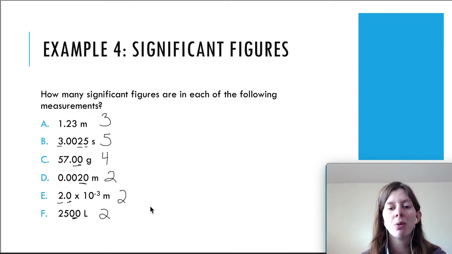So if you have 2500, you could rewrite that as 2.5 times 10 to the third liters. And then you can see that only the 2 and the 5 are significant, that these just increase your power of 10, or in the case of example D here, they make your number smaller, these zeros, but they have nothing to do with the precision of your number and which of the digits that you are confident with in your measurement.